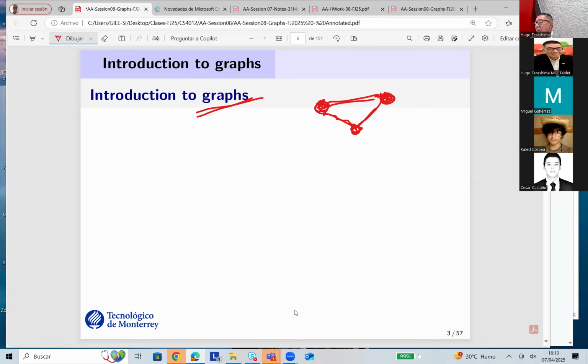And sometimes I can include weights, representing something: distance, cost, or a factor there, right? So this is what we are going to do, right? A graph is a representation. What can I represent in a graph?